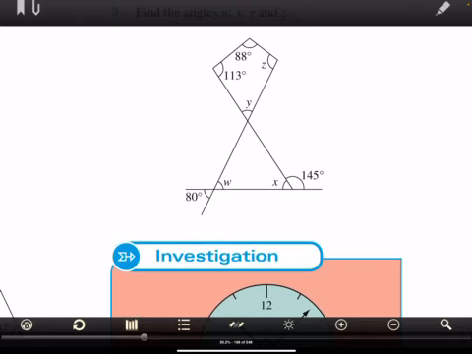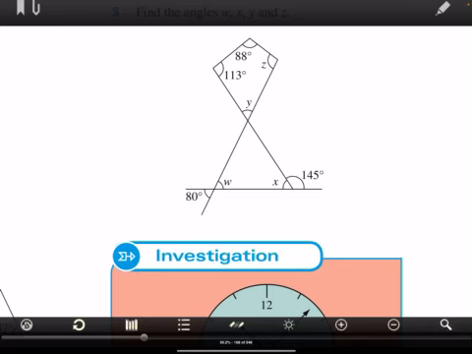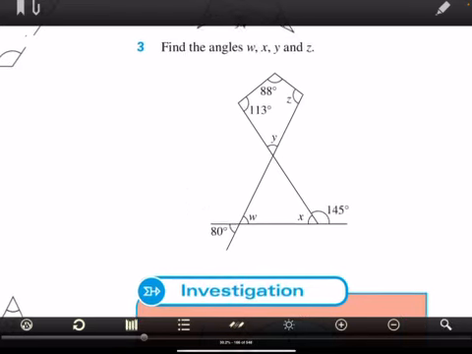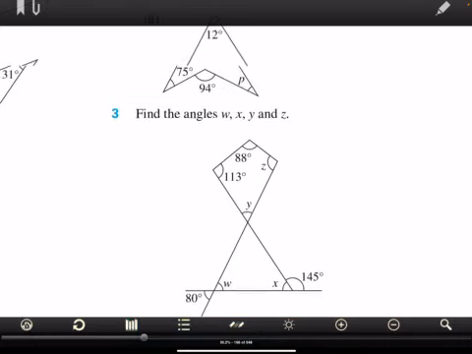If I draw this line, these two would be the same. If I had a line here, x and x would be the same. But none of the angles here correspond to the angles over here, because these two lines are positioned differently. If these two lines were the same, then these two would be corresponding.